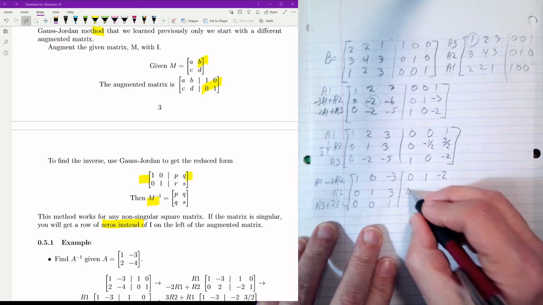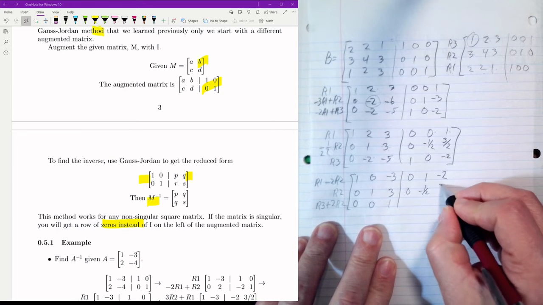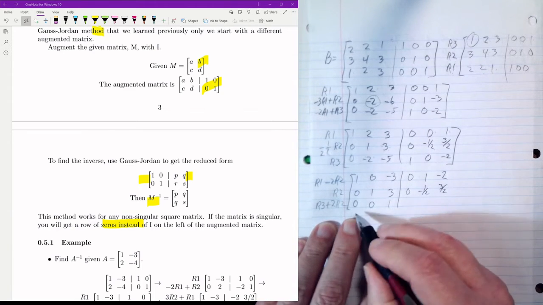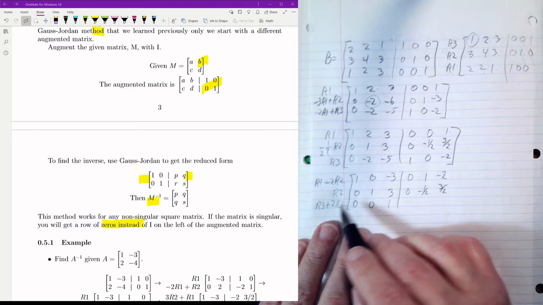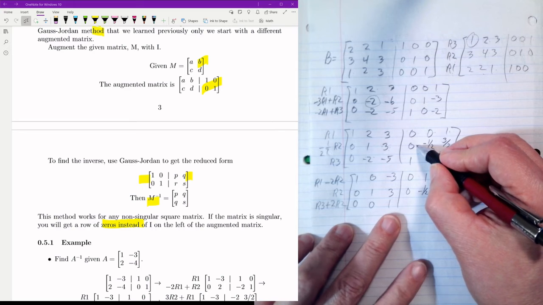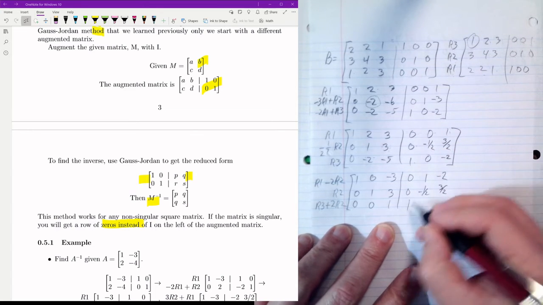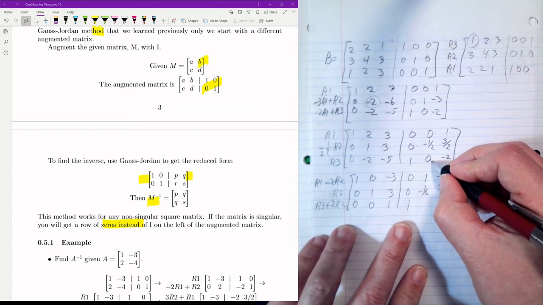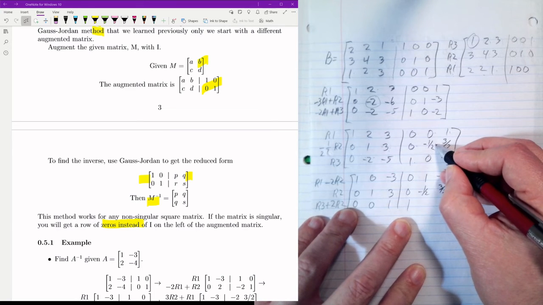Row 2 stays the same. And then row 3 is row 3 plus 2 times row 1. 2 times row 1 is 0. So 1, 0 plus 2 times row 1 is minus 1.